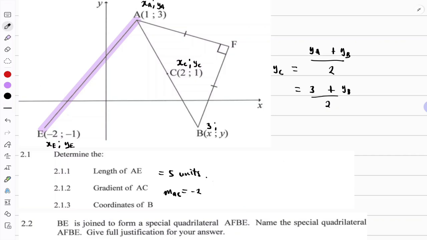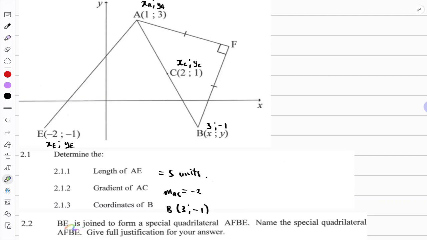But we are given YC is 1, but this can be seen as 1 over 1. So now we can cross multiply. So this is 3 plus YB is equal to 2. Therefore YB should be equal to -1. So the coordinates of B is therefore 3 and -1.